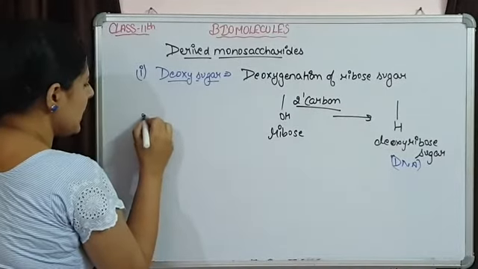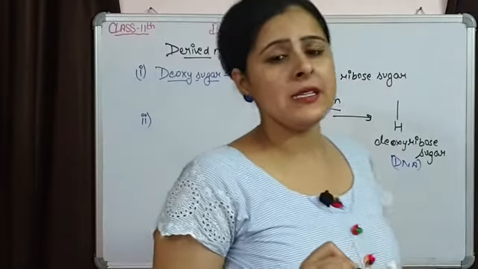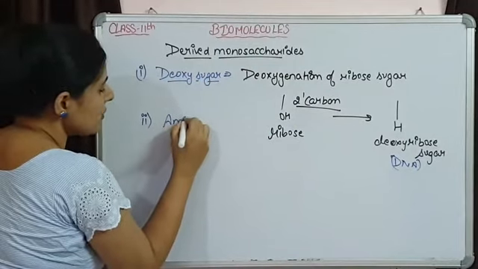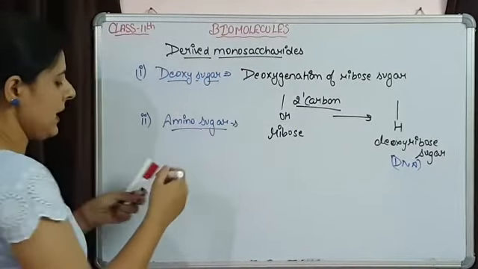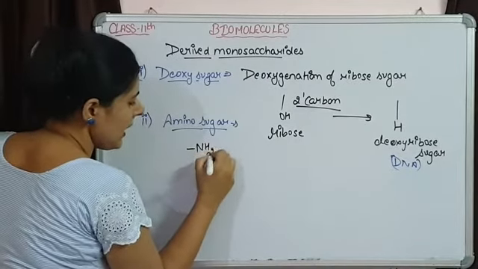Now the first one is deoxy sugar, the second one is amino sugar. That means these are the monosaccharides which have an amino group attached to them, an NH2 group.